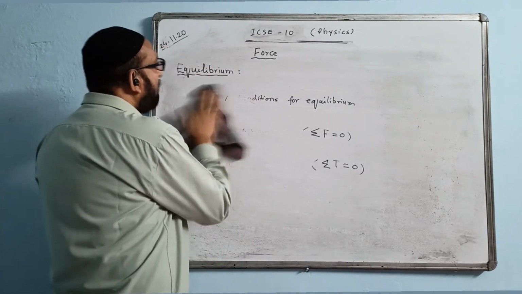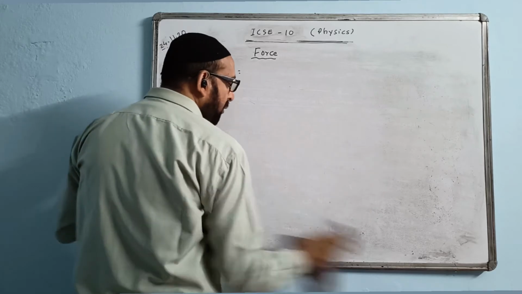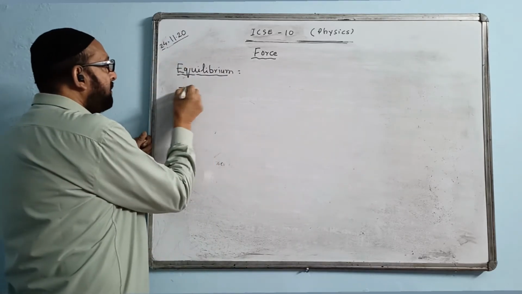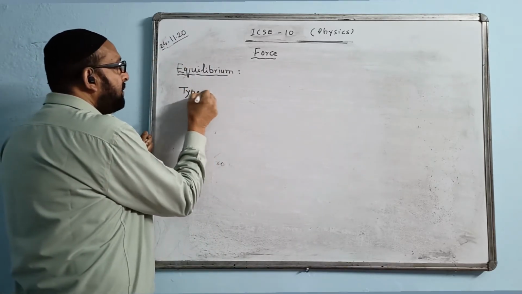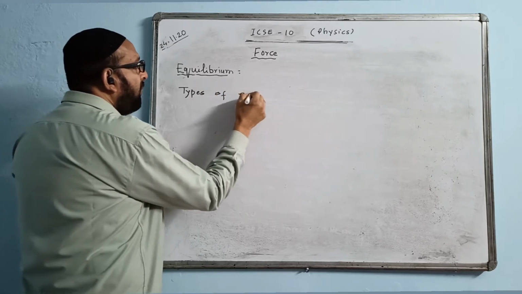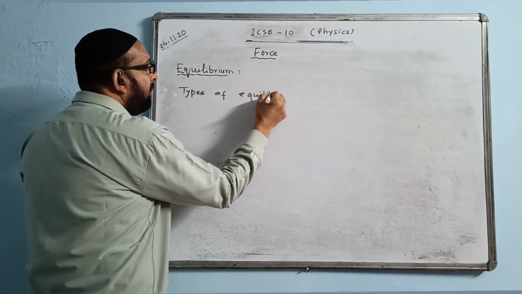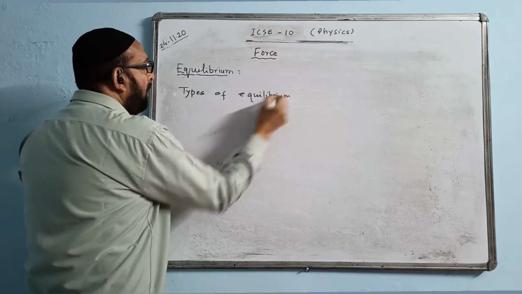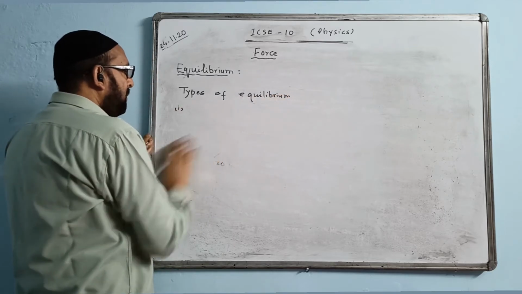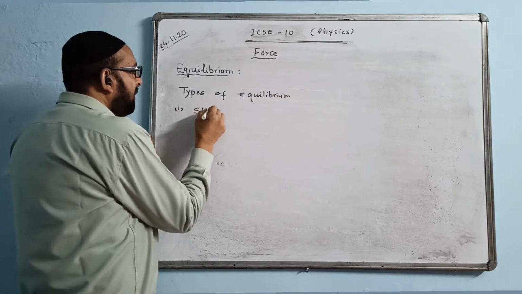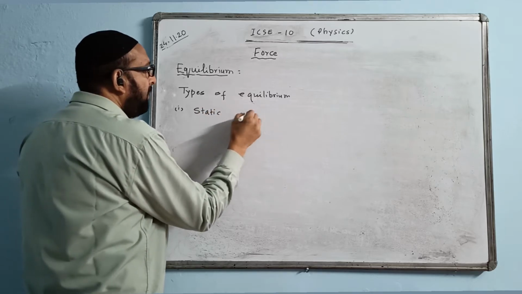Now there are 2 types of equilibrium. Types of equilibrium. Number 1, static equilibrium.